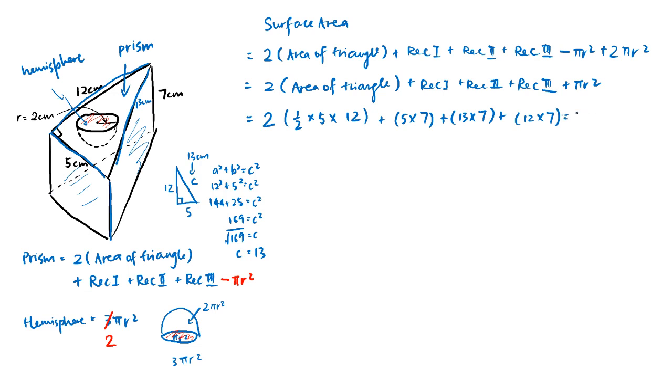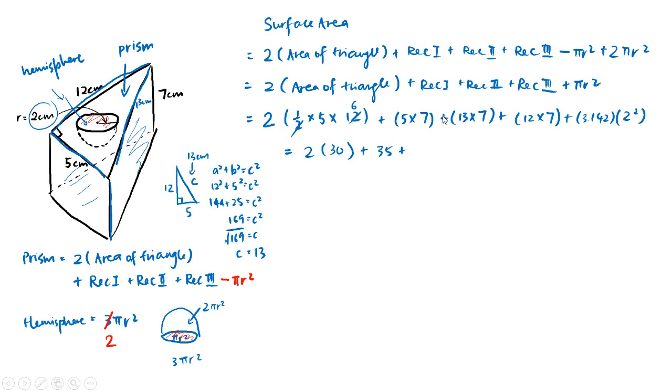Okay, pi, let's use 3.142 lah. Okay, 3.142 times the radius. Radius here given is 2 cm, so it's 2 square. OK, 现在把它算出来，2 of 5 times 6 is 30. 5 times 7 is 35.